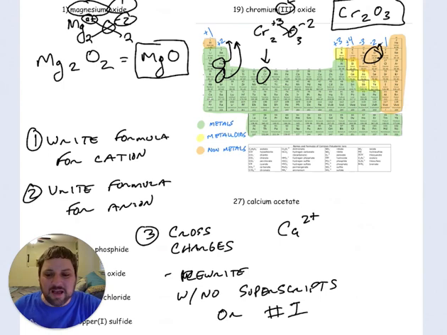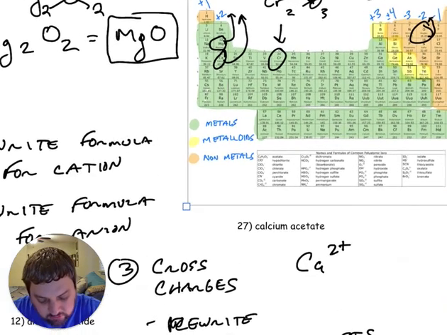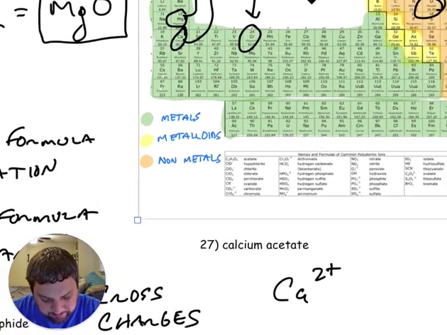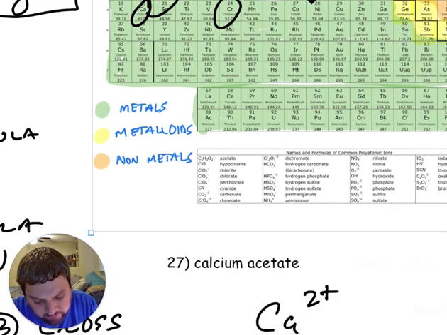Now acetate is not going to be in the periodic table because it's a conglomerate. It's multiple atoms together. But fortunately, you guys have a periodic table that has a bunch of these common formulas for things like acetate and other polyatomic ions. So let's go ahead and zoom in and let's see what we have for acetate.